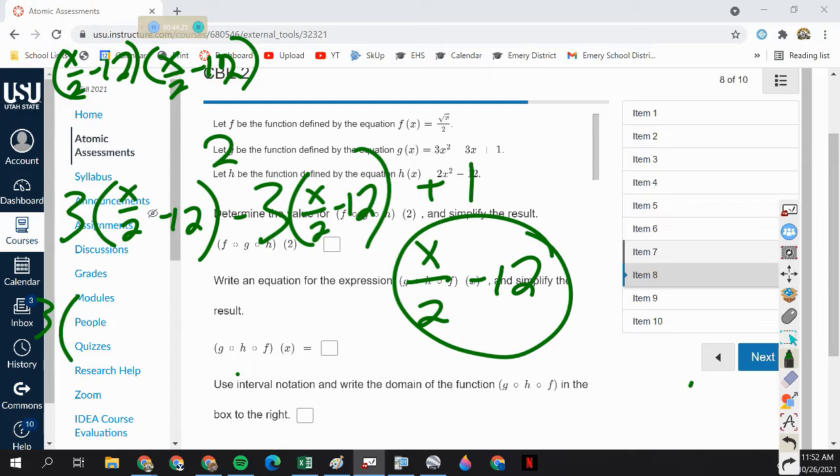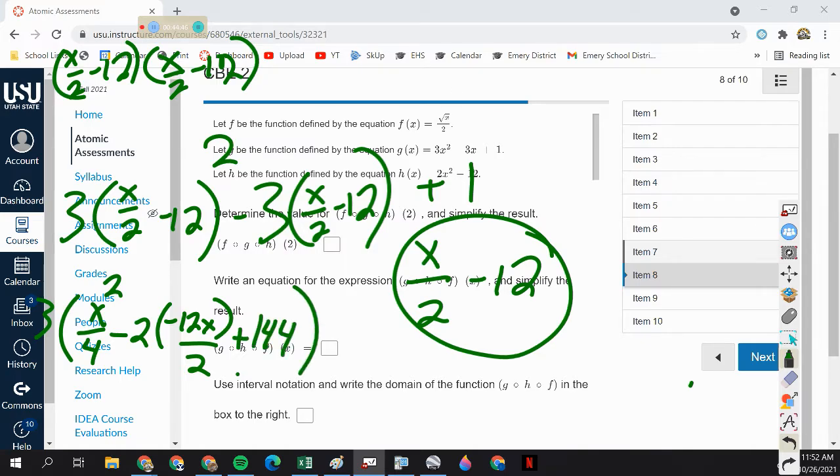That's going to be x squared over 4 minus 2 copies of negative 12x over 2 plus 144. You guys all right with that?